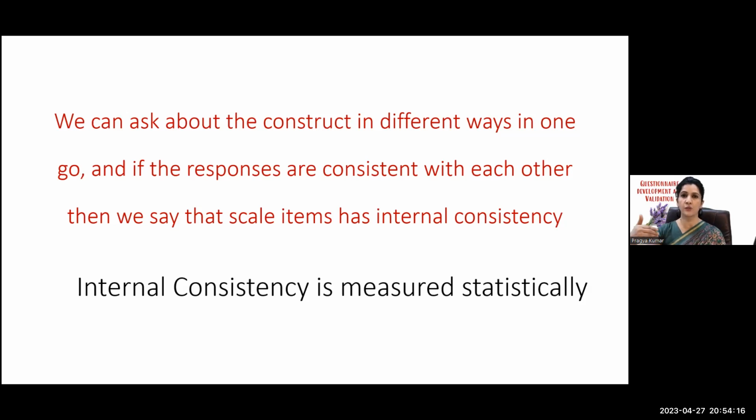So there are 10, 12 items. And if the correlation between these items is high, then we can say that all the items are measuring the same construct. And that's how we say that the scale is reliable. That means it will measure the true score, or it will be very near to the true score.